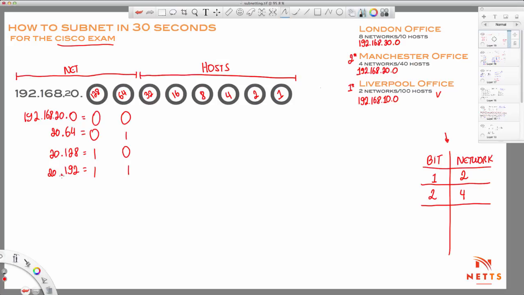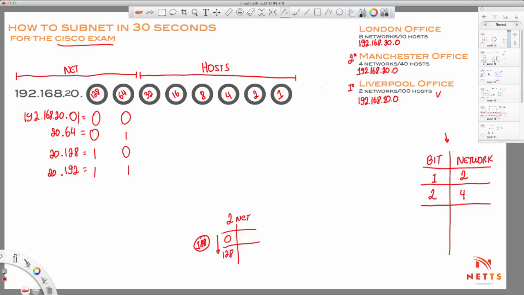But if you pay attention, let's go for the first tip in here. Let's look at what's in common between the first example and the second example. In the first example, we needed 2 networks, and our first network was 0, and our second network was 128. So if we look at these numbers, these networks increase by a value of 128.